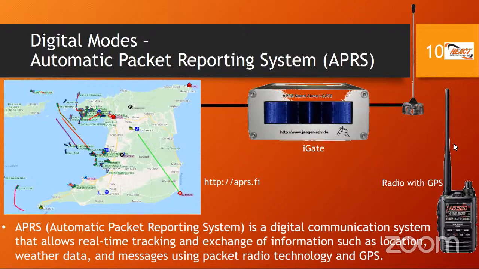It will transmit these APRS packets on a frequency, and then we will have a receiver. So there's an antenna that will receive that signal, connect to what is called an eye gate, and this is essentially a computer. That computer is networked to the internet and sent to this website that you're seeing on your screen, aprs.fi. And we like to encourage participants, take a look at this website. Pretty cool.